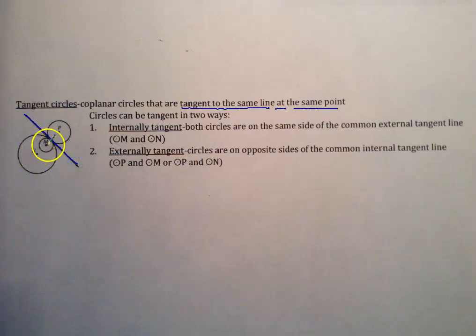So circle M and circle N are internally tangent because they both touch the line in one place. Externally tangent circles are on opposite sides of the common internal tangent line. So that would be M and P or N and P. Either of those.